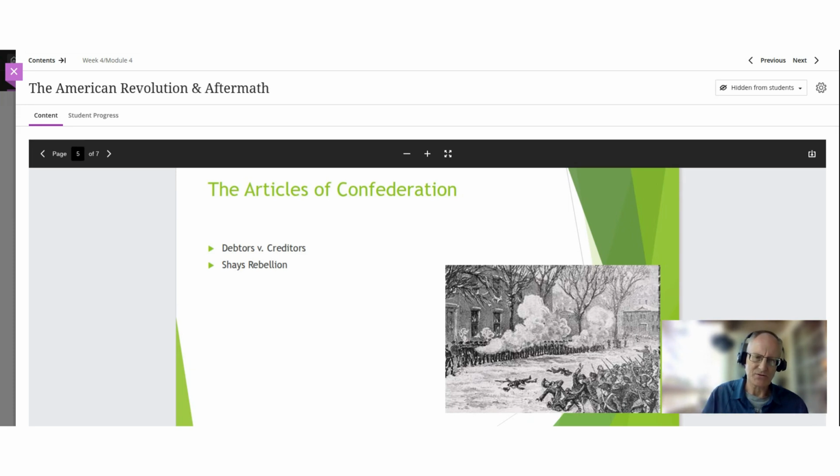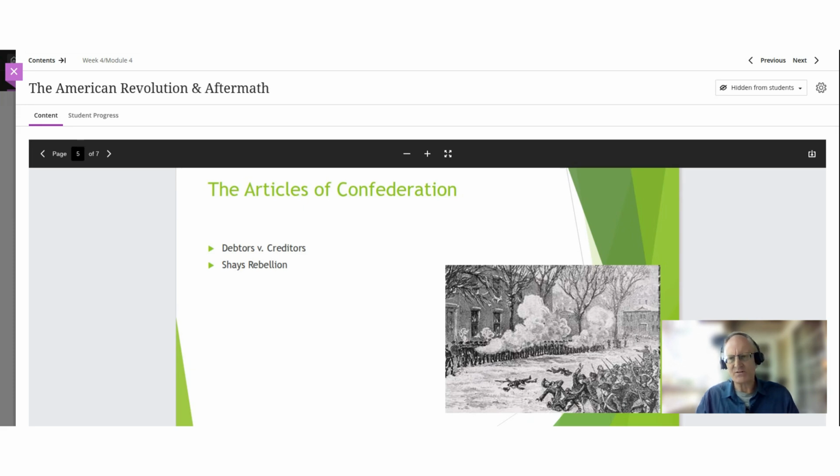The Constitutional Convention was held, and a process of trying to figure out and draft a constitutional system was hammered out during that process. I'll get to that in just a few moments.